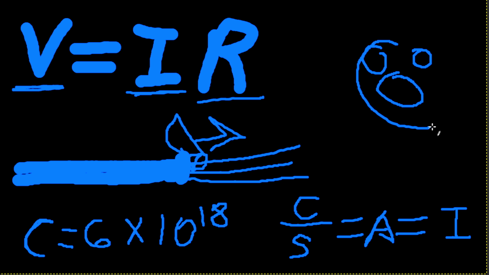That makes up 1 water molecule, which would be like 1 electron. If you have a drop of water, that's made up of a bunch of water molecules, just like a coulomb is made up of a bunch of electrons.